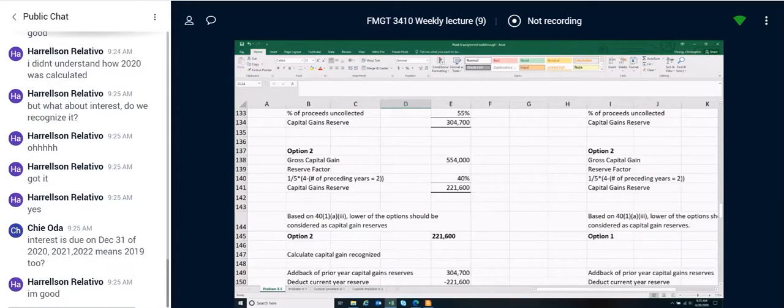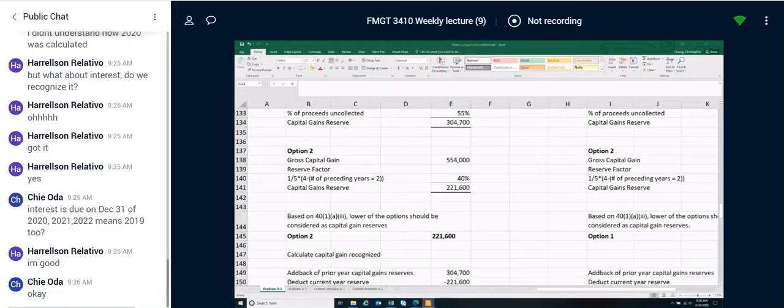You have to be careful, Chi, because when they say interest is due, that's just when they have to pay the cash. The reality is they are incurring interest every year. Remember, when you're doing capital gain reserve and you're the vendor, you are effectively lending money to the purchaser. You've effectively extended a loan since 2019.